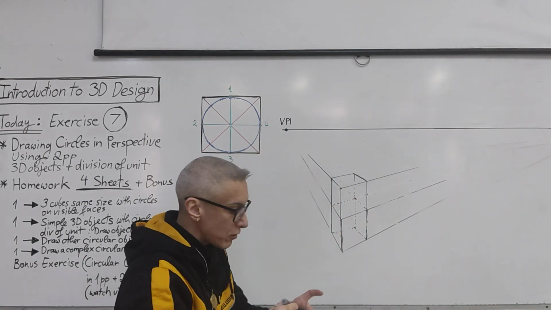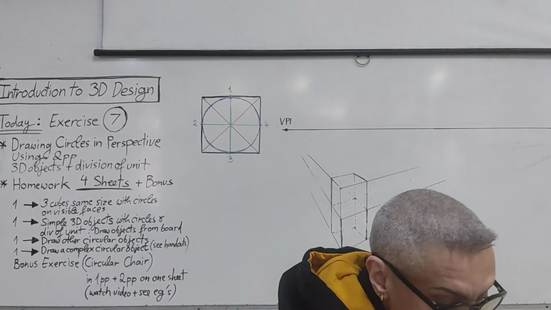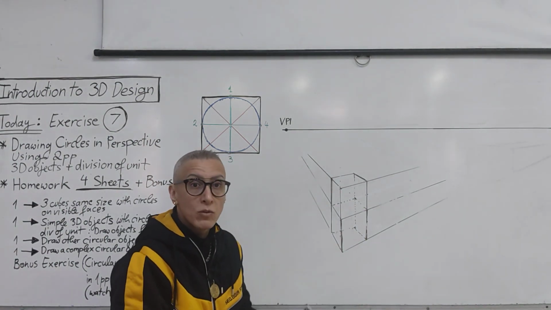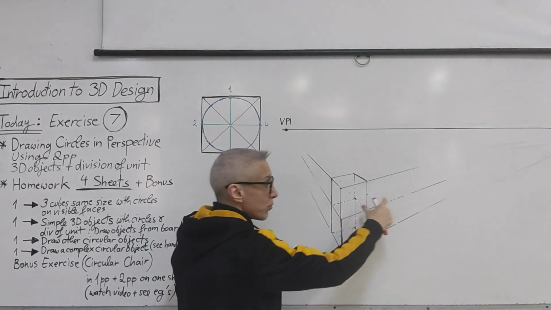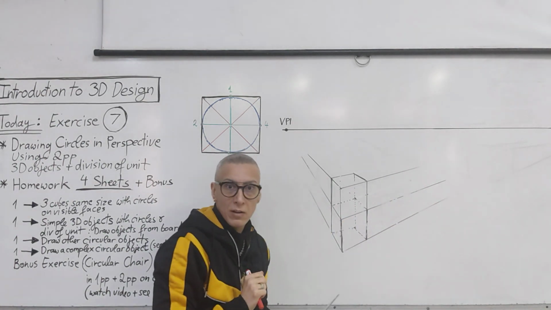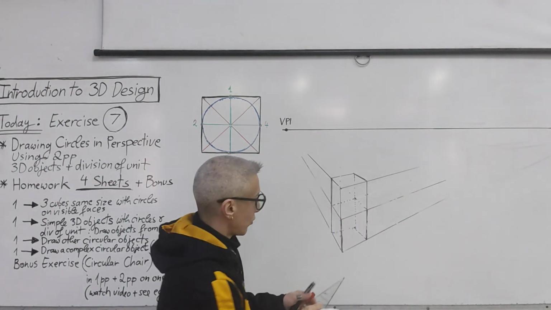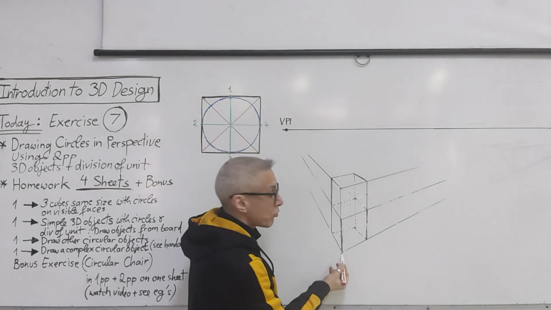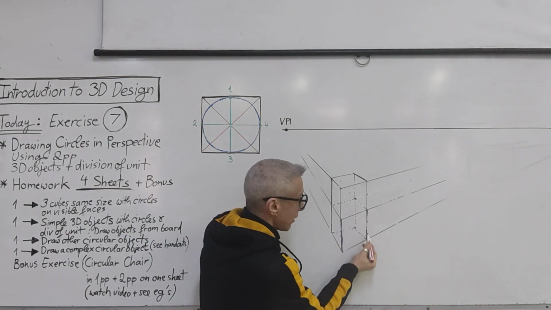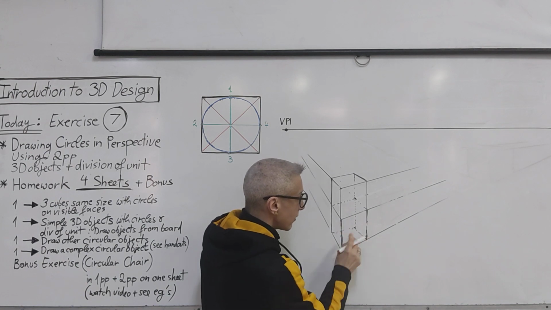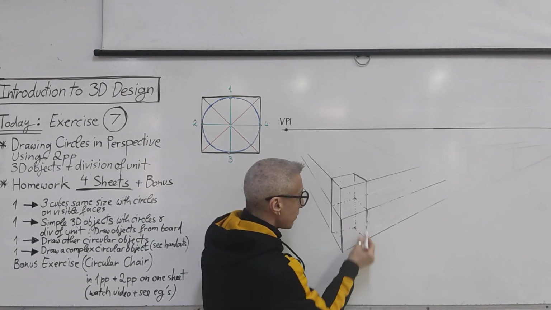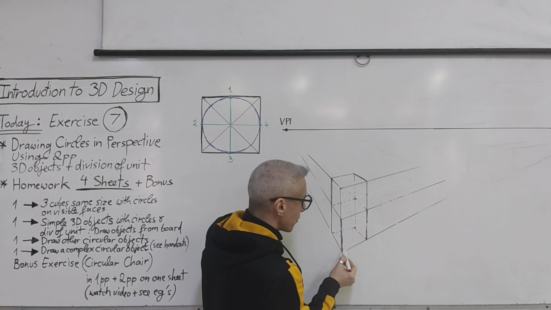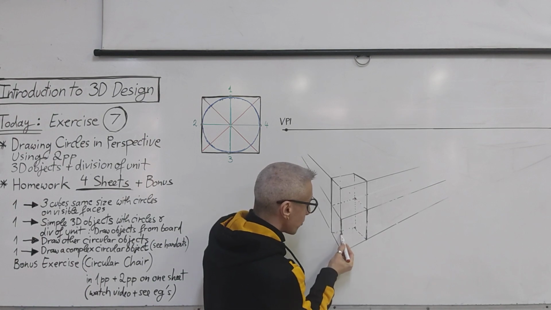So we will use the division of the unit method that we learned to divide this cube into correct placement. So we will take what now? Because I want to divide which face? This face I want to divide here, this side. So if I want to divide this one, I will take the midpoint from here to here, so at 2.5.